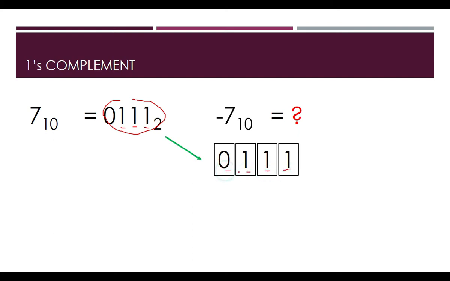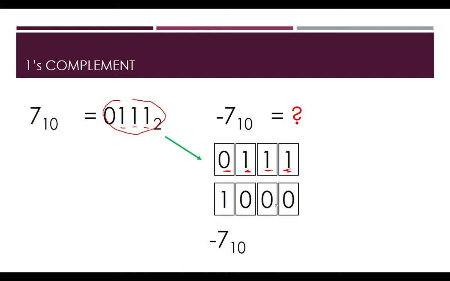Let's start with 1, inverted it becomes 0. Then this becomes 0, and the next is still 0. And the last part, this becomes 1. So in 1's complement, negative 7 is written as 1000 in binary.